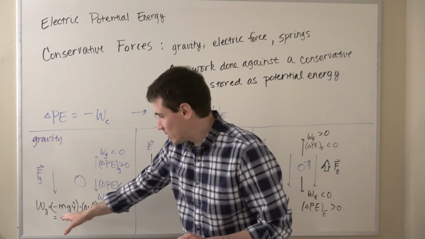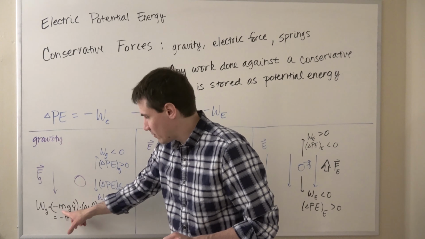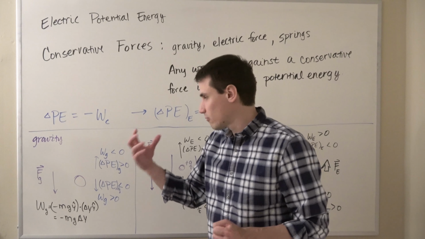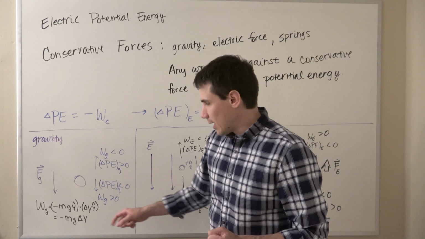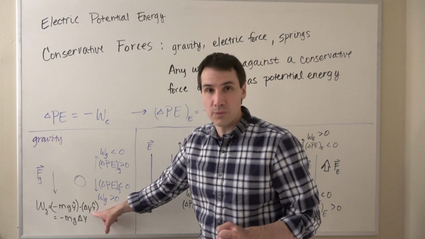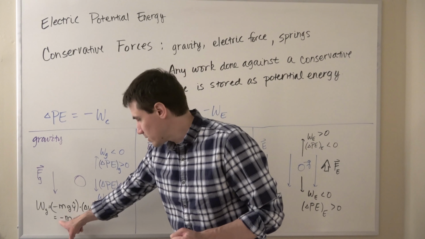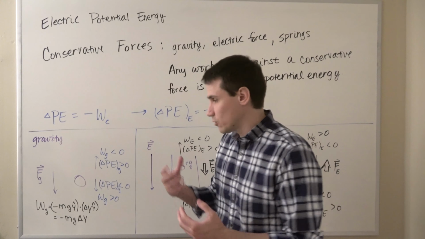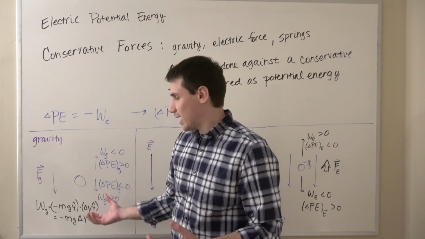We can see that if we simply calculate it. The work done by gravity here, I have negative mg y hat as the force on my particle. I have some delta y hat as the displacement of my particle, which leads to negative mg delta y, right? This is the amount of work that gravity has done on the ball as it is lifted.